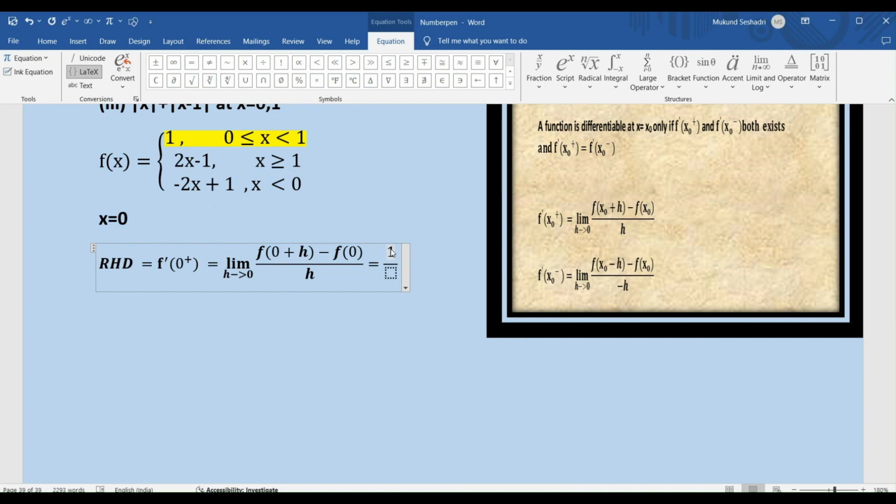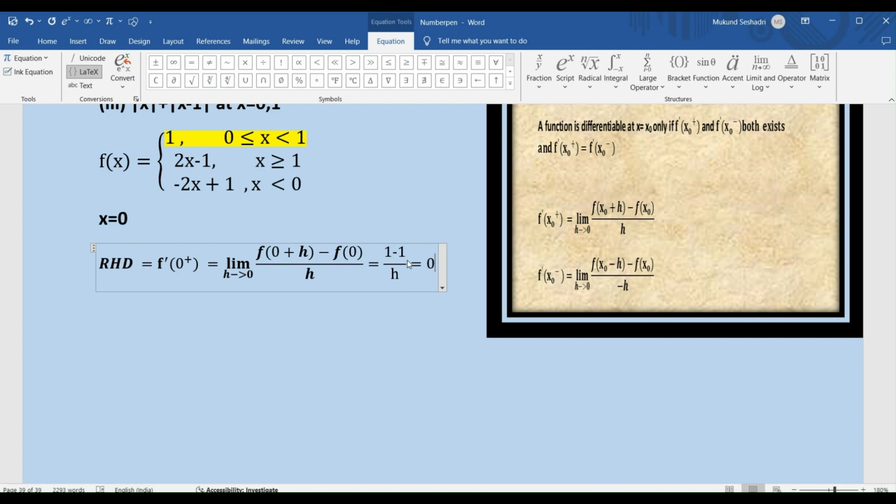So I don't have to really worry about substituting x here. And what is my f of 0? My f of 0 is also 1, right? Because for x equals 0, I still have my f of x represented as 1, right? So my numerator becomes 1 minus 1 equals 0 divided by h, and I'm left with a 0 by h, which is a 0, right?